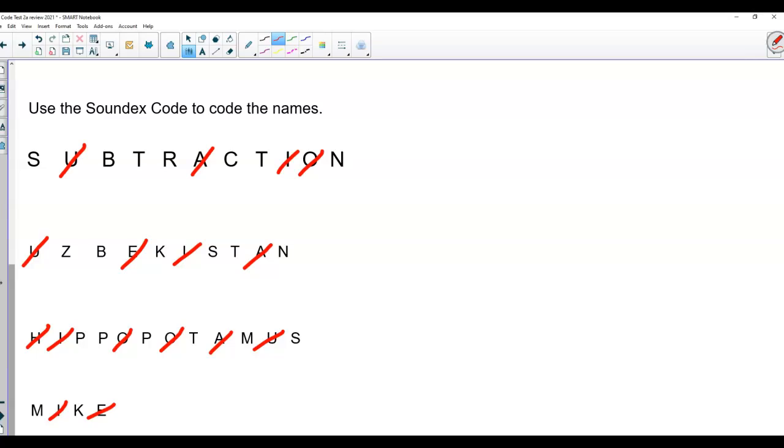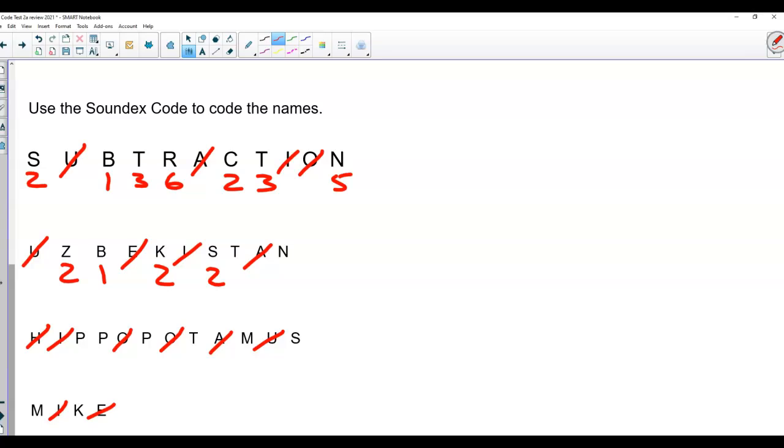And now I put a number for every single letter. S is 2. B is 1. T is 3. R is 6. C is 2. T is 3. N is 5. Z, 2. B, 1. K is 2. S is 2.